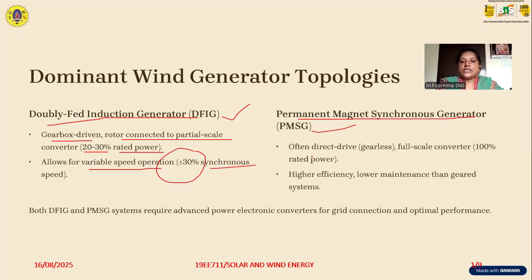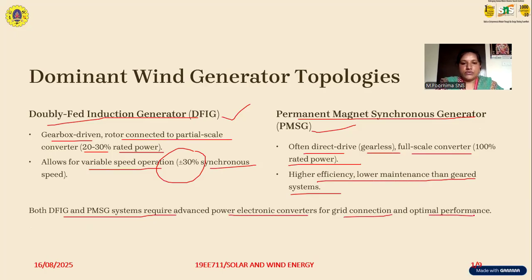The permanent magnet synchronous generator is a direct drive, that is gearless, with a full scale converter. We have seen that it handles 100% rated power, with high efficiency and lower maintenance than gear systems. Both generators require advanced power electronic converters for grid connection and optimized performance.